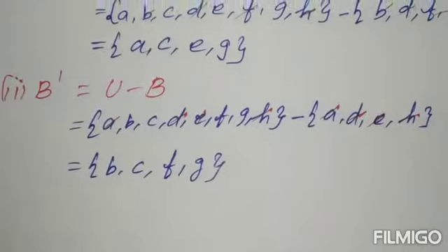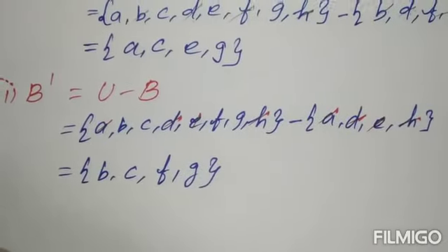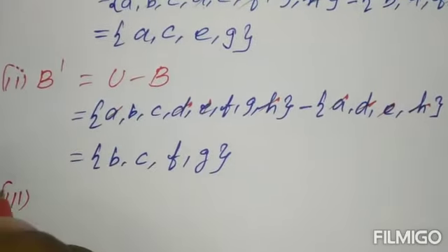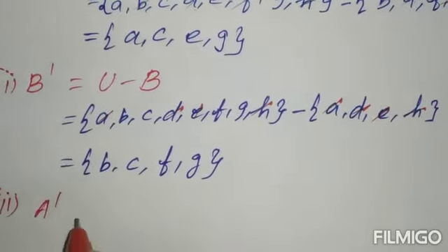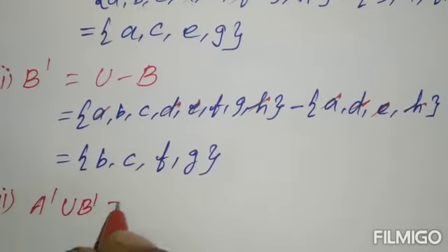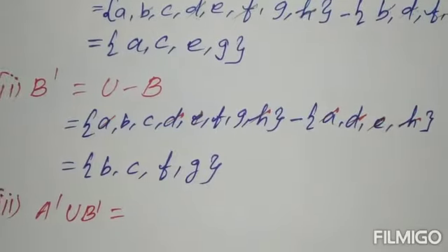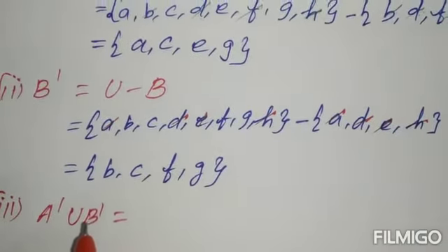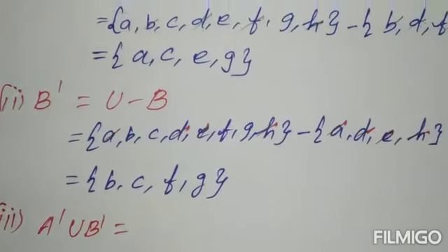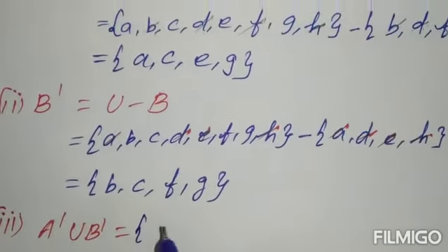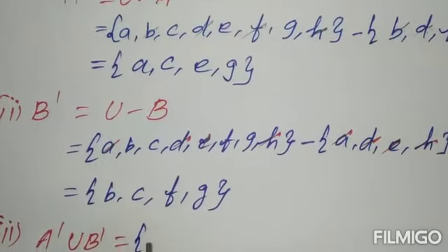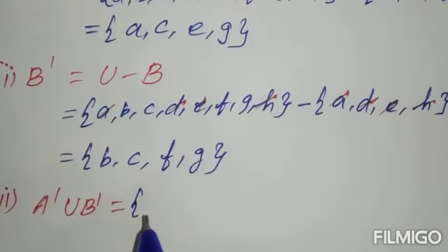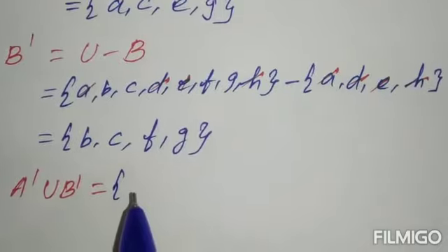Next, the third one, A complement union B complement. There is no formula for this. We can just union the two sets. So we apply the elements of A complement and B complement, then write all the elements together.